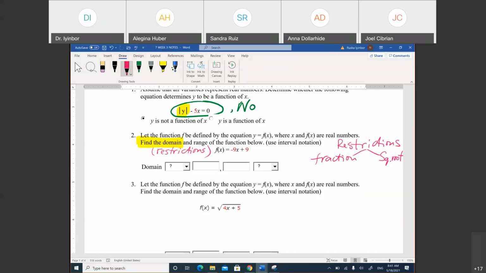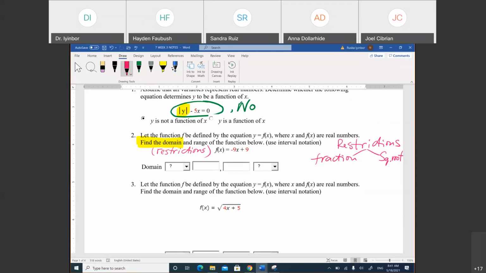Basically you find a number that would make it 0. Where? In the denominator. Good job. That's right. So if you have 0 in the denominator, that's a restriction. You cannot have that, right?